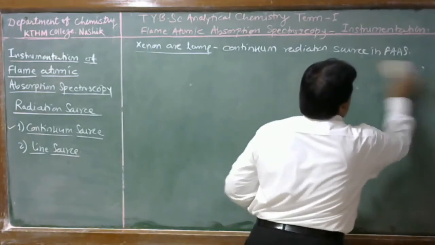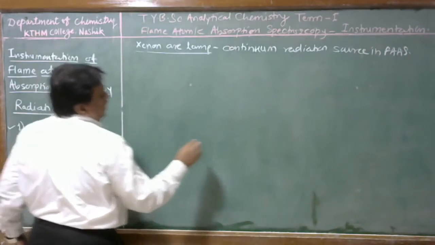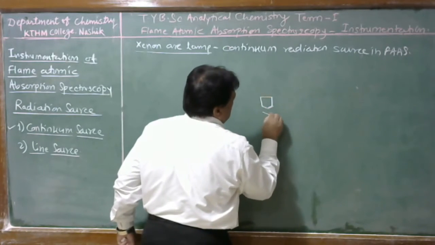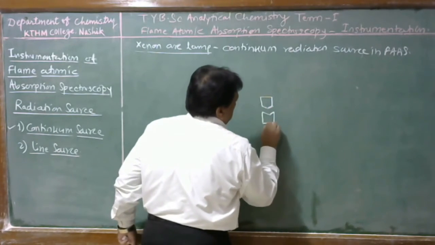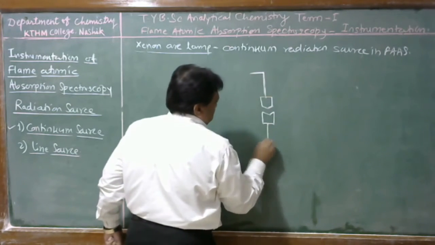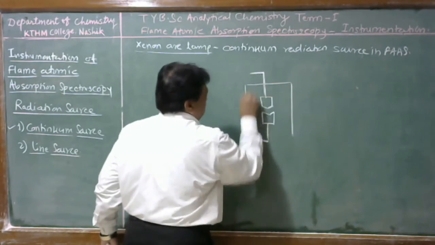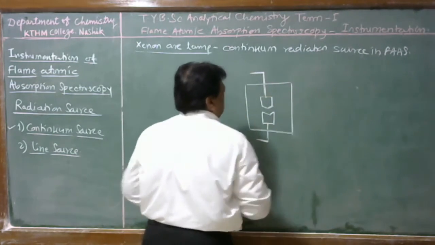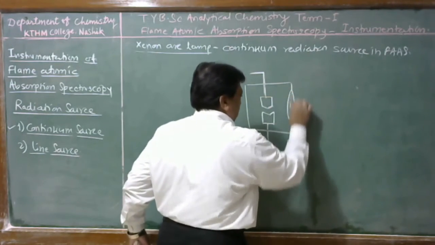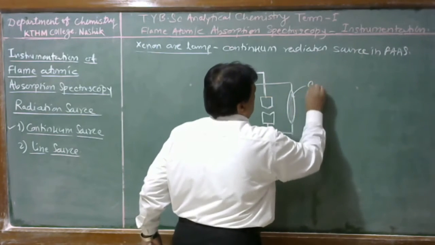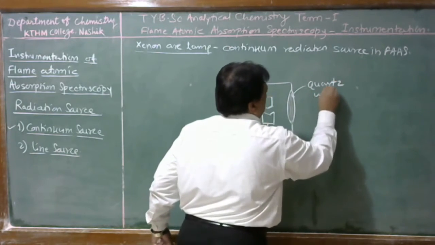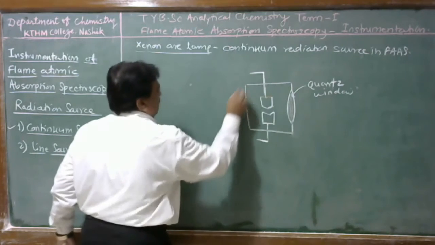We discuss here the construction of this xenon arc lamp. Xenon arc lamp is constructed as shown in the figure. There are two graphite electrodes separated by a distance of 1.0 centimeter, placed in a glass box containing a quartz window.